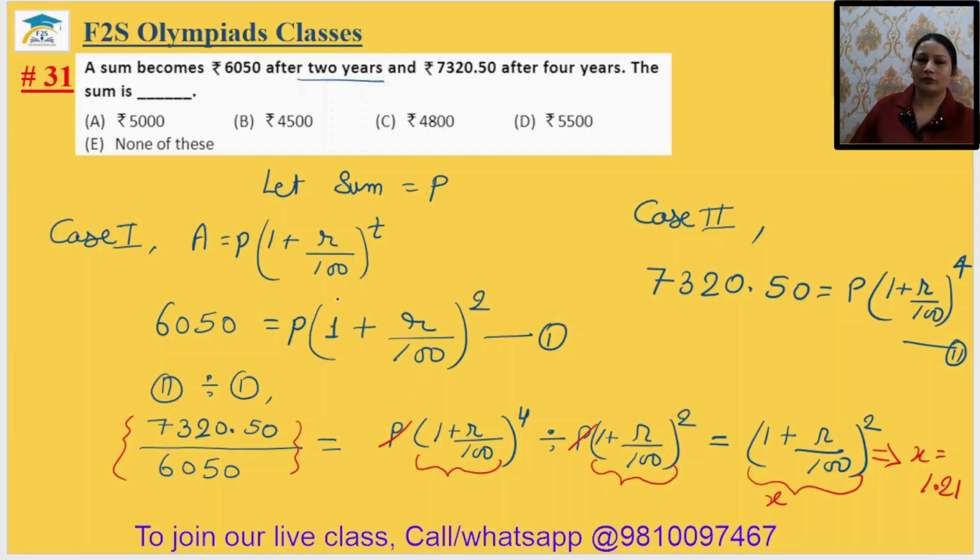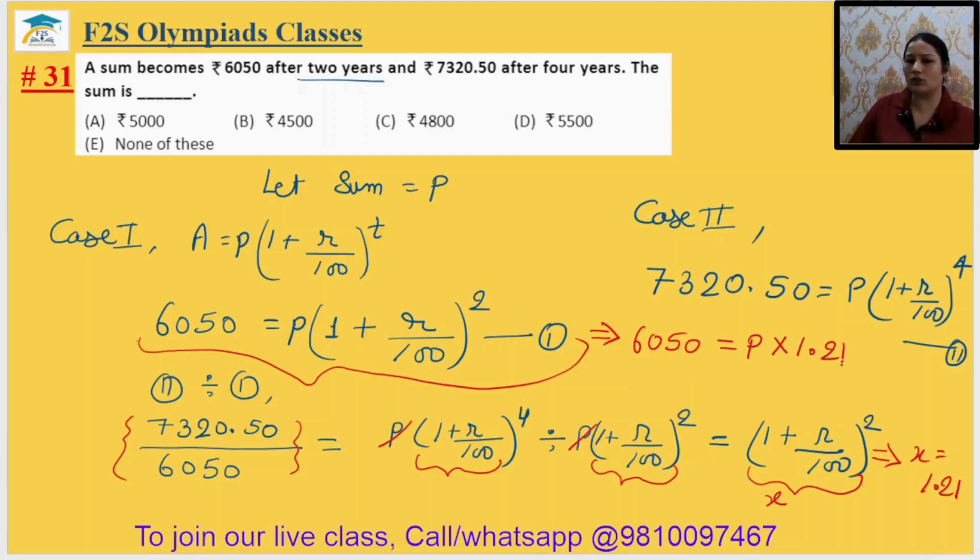Now we know, using equation 1, I'm writing it in red color, so you try to understand what I am writing because I have less space to explain it. 6050 equal to P into 1.21, because 1 plus R by 100 to the power 2 equals 1.21.